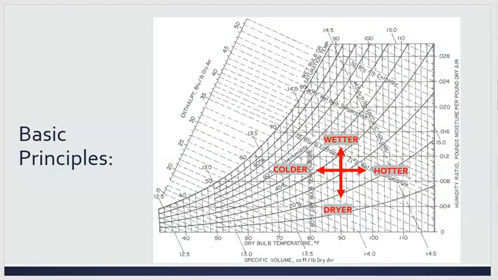Alright, so basic principles, I think everyone standardly knows this. But the higher the temperature, the hotter it feels. The lower the temperature, the colder it feels. The more water in the air, the wetter it feels, and more humid it feels. And the lower you go in the humidity level, the drier it is.